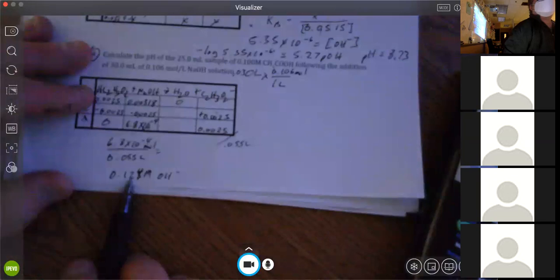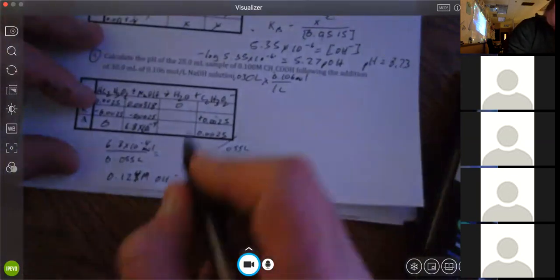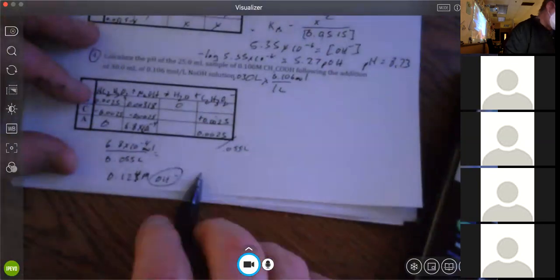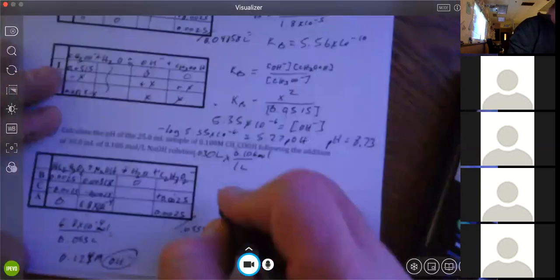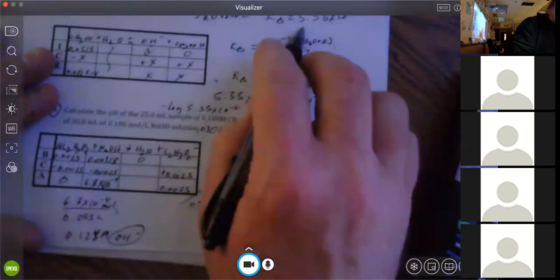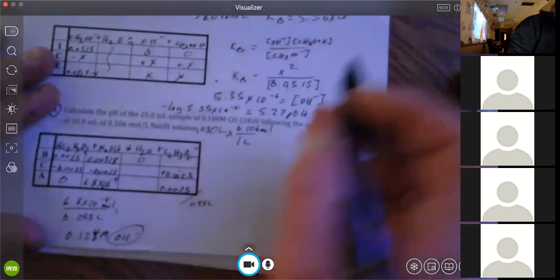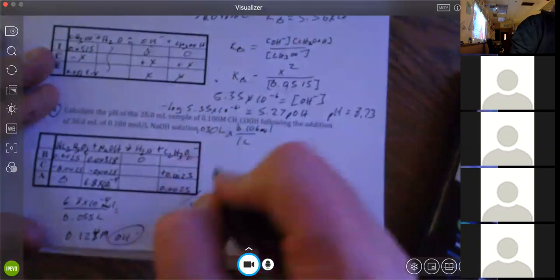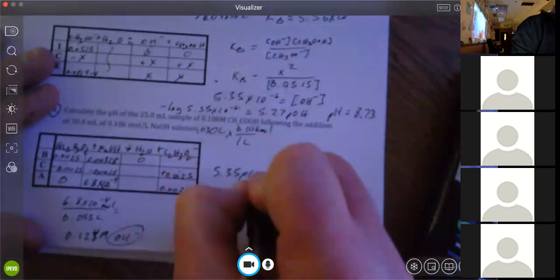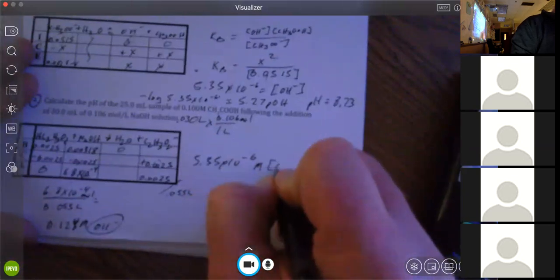So this 0.124 molar OH negative, that's going to be the primary source of our OH negative. Because if we sit here and take this, we get, let's do it. Whenever we multiply this through, we get 5.35 times 10 to the negative sixth molar hydroxide.